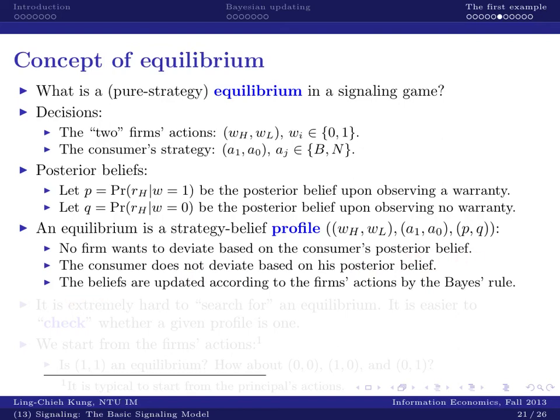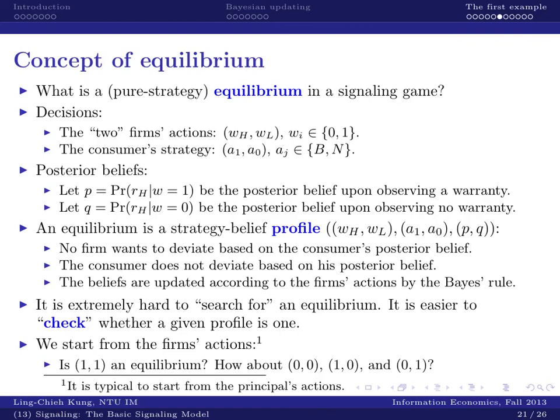The beliefs are determined or affected by the firm's action, and the rule is Bayes' rule. So we can see that the firm's action is based on the belief, but the firm's action will also determine the belief. So it is complicated to solve a game like this.